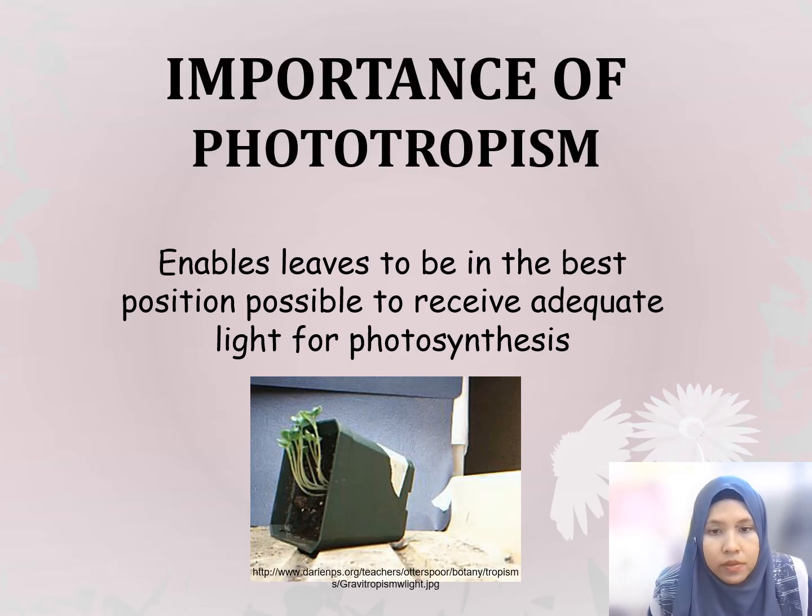The importance of phototropism is that the plant senses where the light energy or light source is, because it's for the photosynthesis process. Plants do photosynthesis, and we know that one of the substrates for photosynthesis is light. So they have to move towards light.